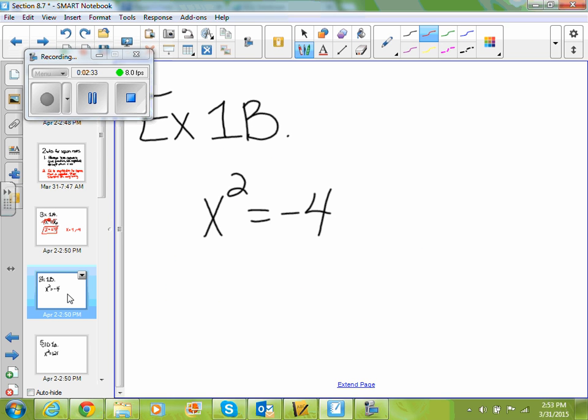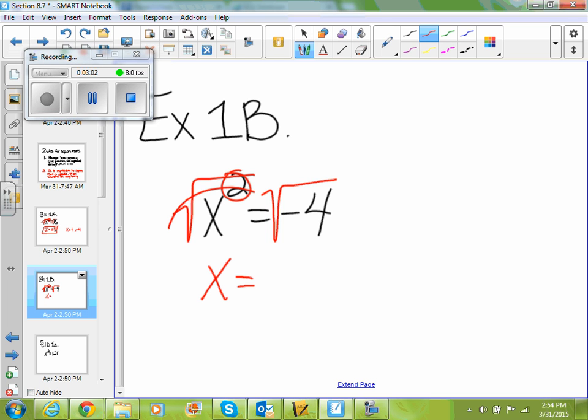So if I look at 1b, x squared equals negative 4. How do I get rid of a squared? Take the square root. What's rule number 2 say about square roots and negatives? You can't take them, and what happens if you take the square root of a negative? That's rule number 2. Everybody should have it written down. It's imaginary.